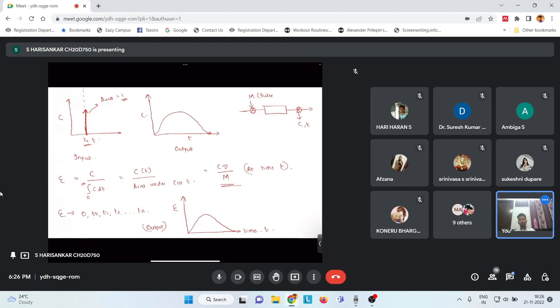And the area under the E curve will be equal to 1.